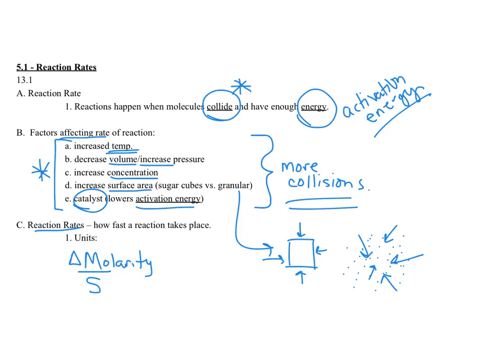And as that molarity changes, that's going to tell us how fast the reaction is taking place. So we're going to be talking about how the molarity decreases on our reactant side and how the molarity increases as products are produced on the product side.